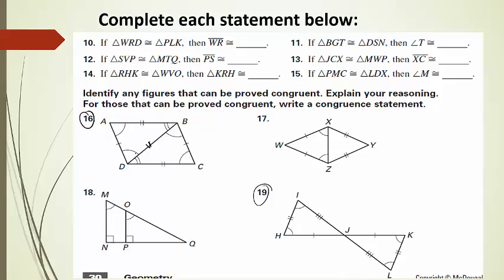So BD is obviously going to equal itself. I will not be putting markings in for you if that happens, so you need to put them in yourself. That is the reflexive property, and we talked about that back in chapter 2. So put those markings in.